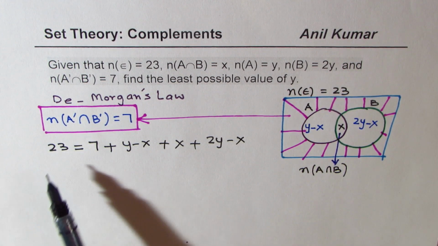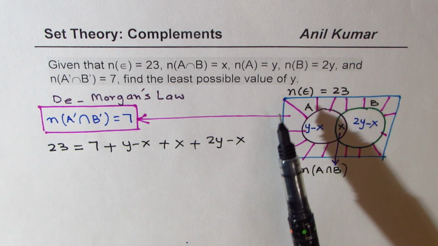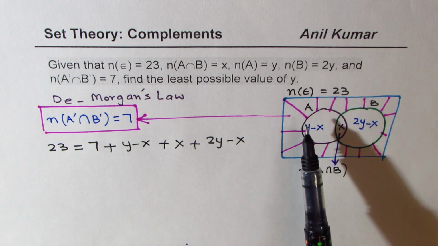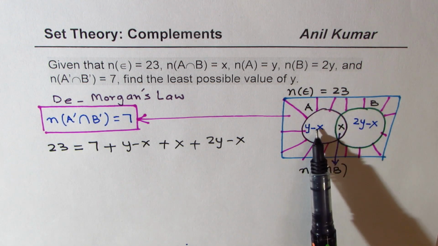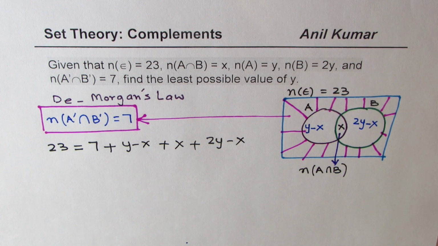So this 23 total number of elements is what is not inside A and B plus what is inside A and B. That is De Morgan's theorem. Do you get the idea? Right? So that is how we get it.